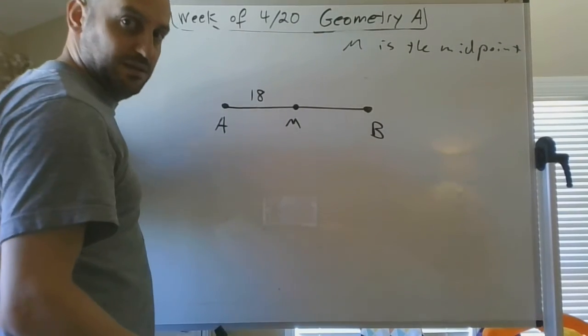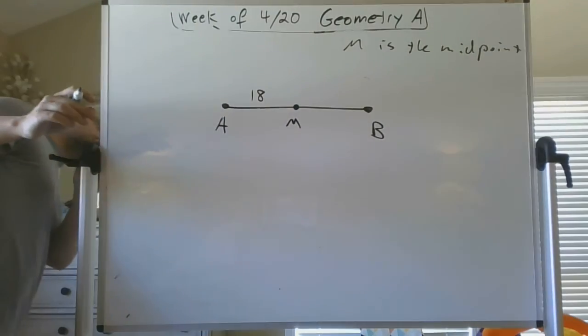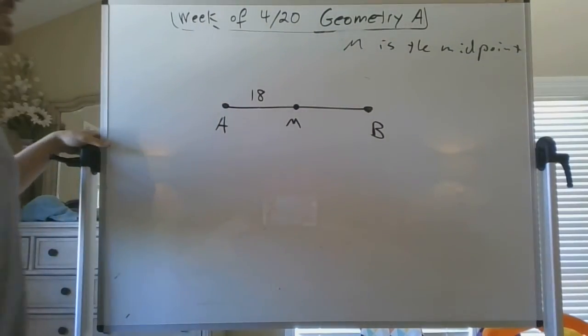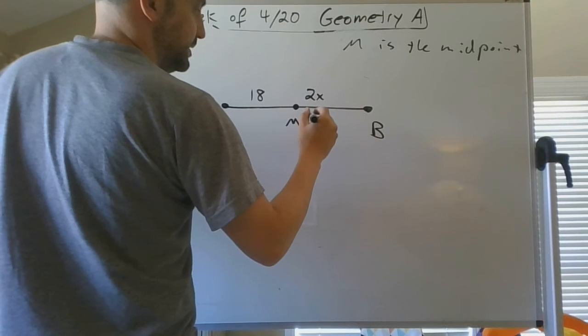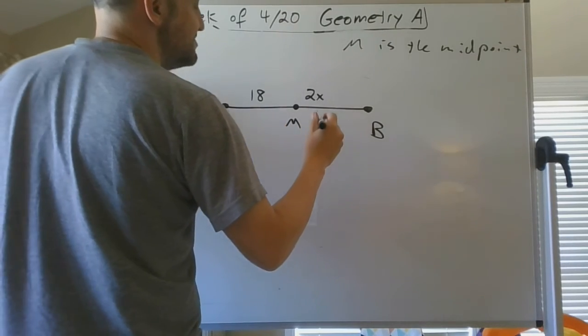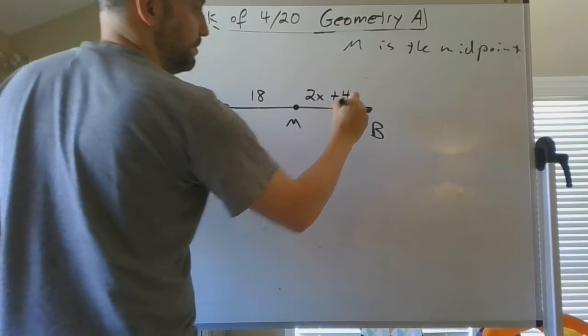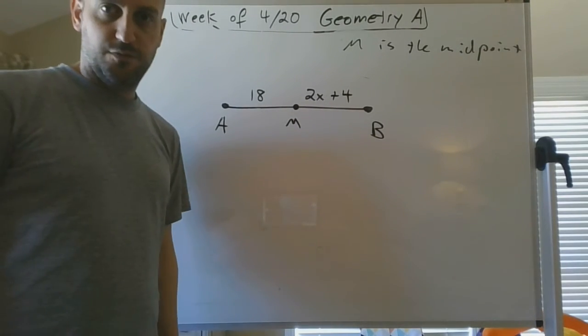I'm going to label MB as 2x plus 4. Okay, so that's a little different here. That's 18, that's 2x plus 4.